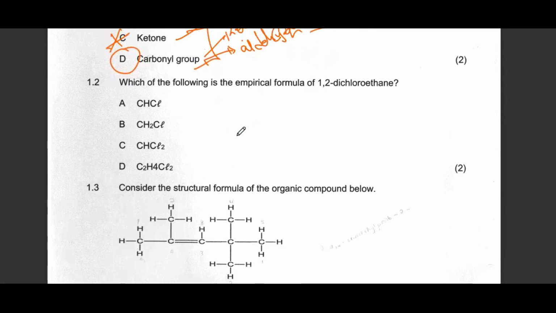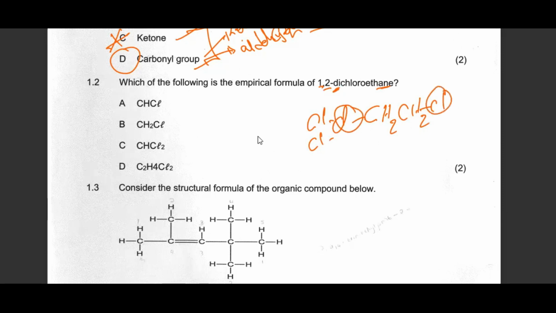Then they're saying, which one of the following is an empirical formula of 1,2-dichloroethane? So I expect 2 chlorines somewhere. If this is ethane, I expect it to have a chlorine that side and a chlorine that side, on carbon atom number 1 and carbon atom number 2.